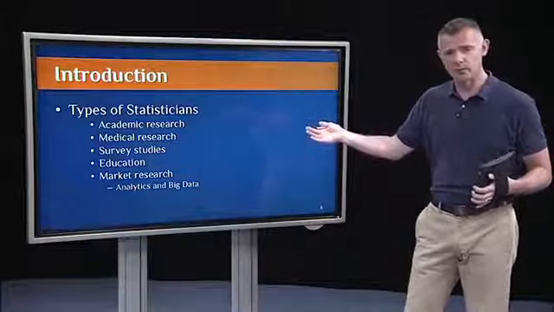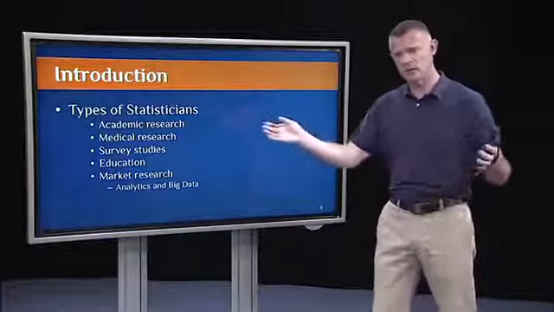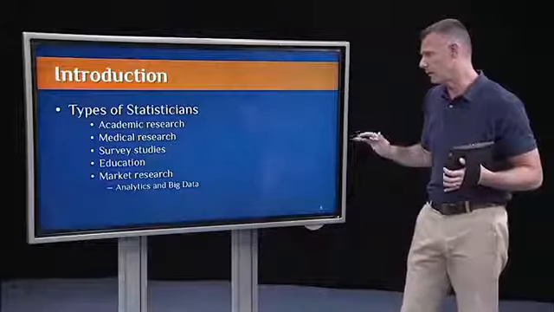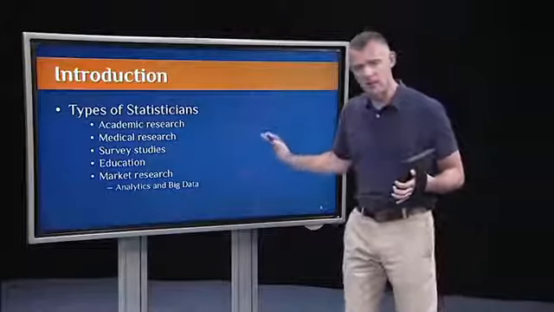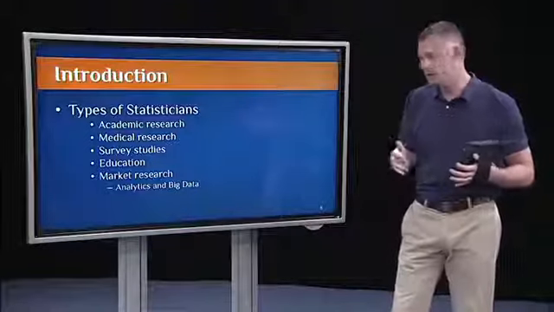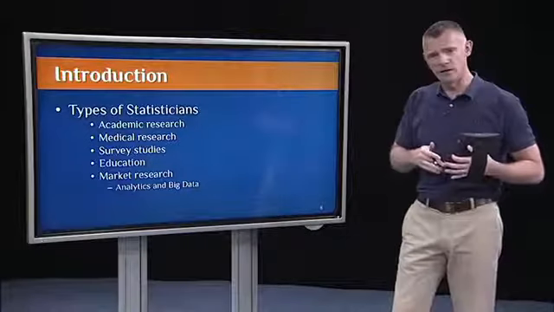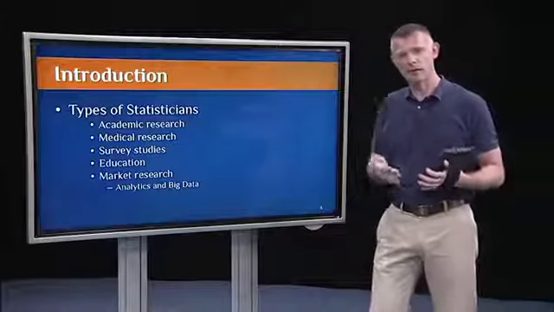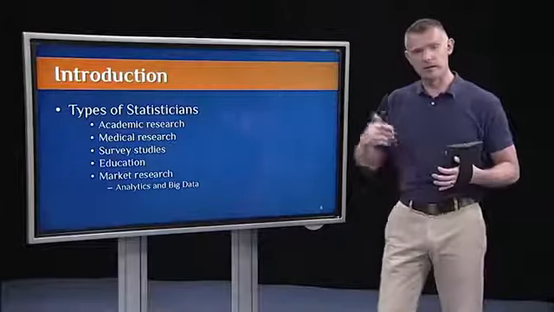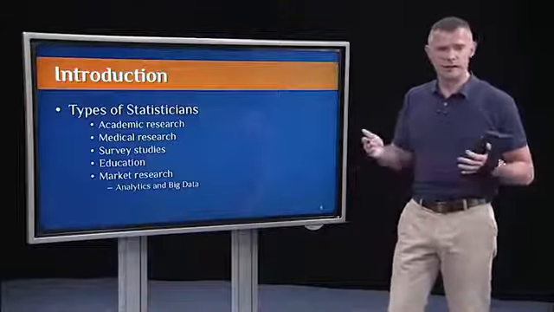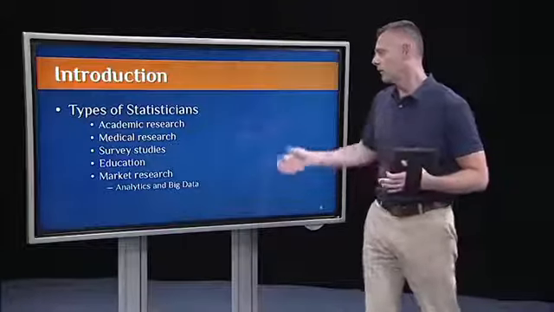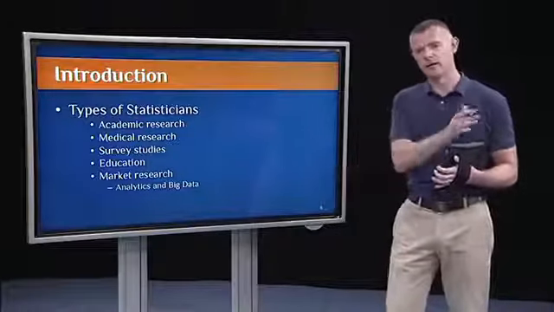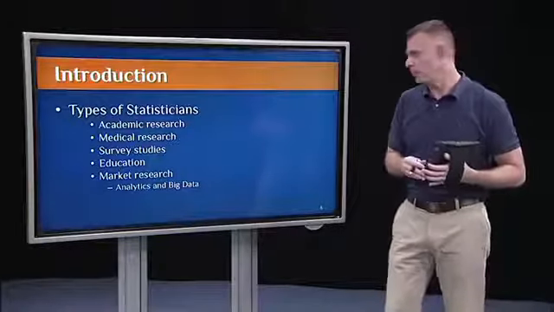There are lots of examples, not just in psychology, but across the disciplines in colleges and universities all over the world, of academic research. There are lots of examples of medical research that occurs in hospital settings. There are lots of examples of survey studies, or the most popular are polling studies to predict election outcomes, or like the census polls. There's lots of research that takes place in the realm of education, like that academic records example.